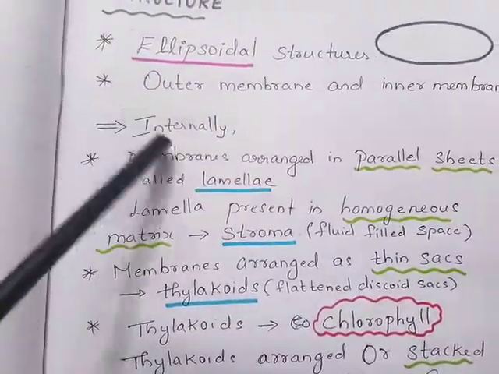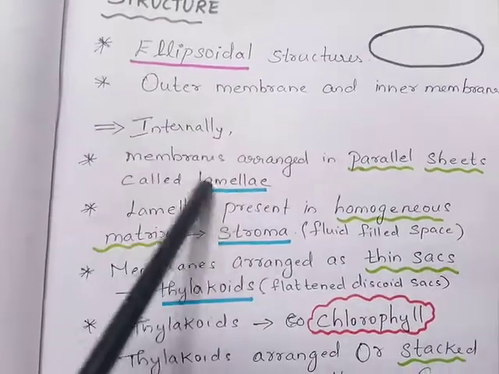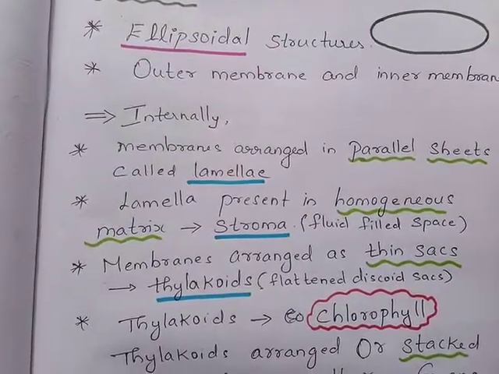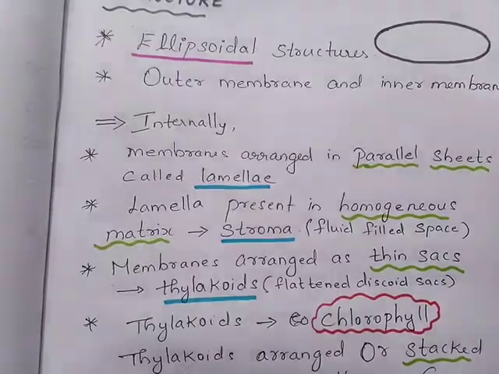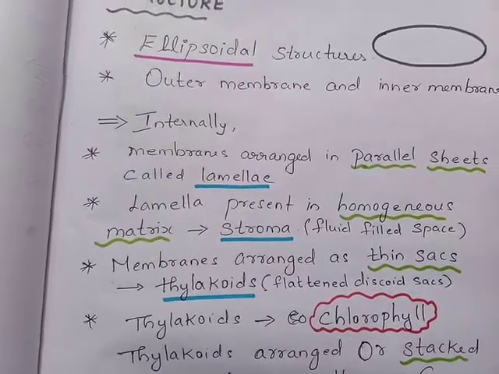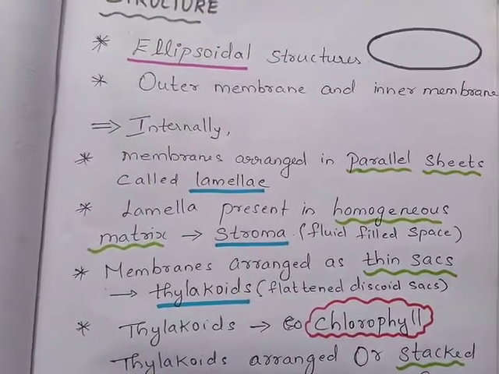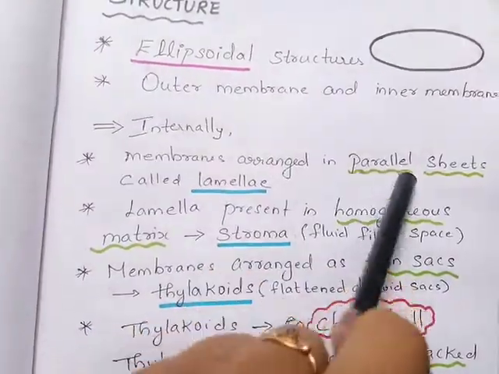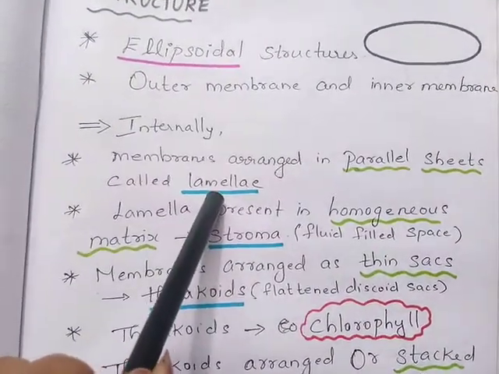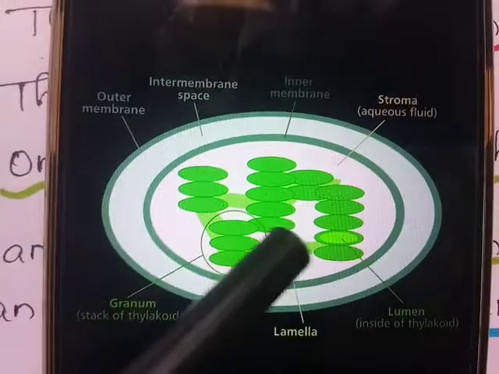So inside the chloroplast, you can see certain membranes arranged as parallel sheets. Parallel sheets means both have the same length, same distance. So they are arranged in parallel sheets and they are called lamellae. So this is the lamellae.